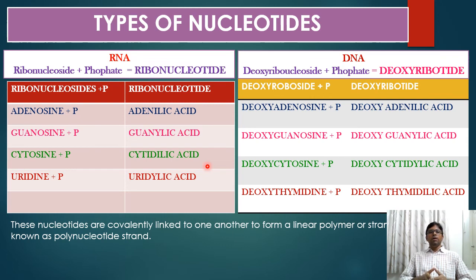This is known as a polynucleotide strand, a strand which is made up of many nucleotides. Hence it is called a polynucleotide strand. Next, we are going to discuss how a polynucleotide strand is formed.